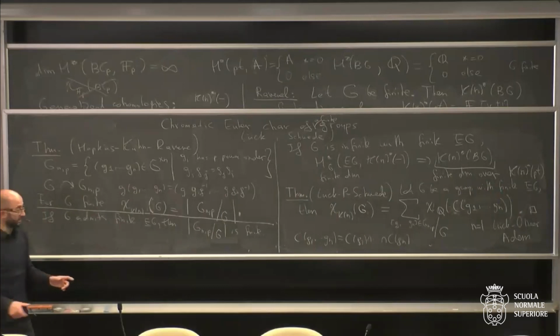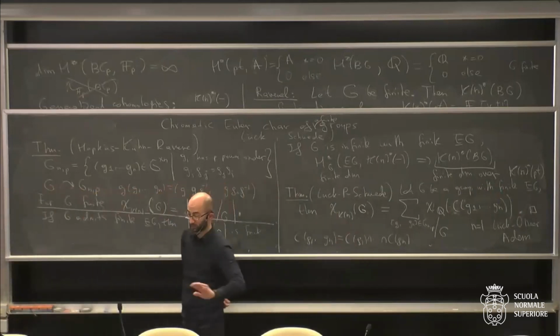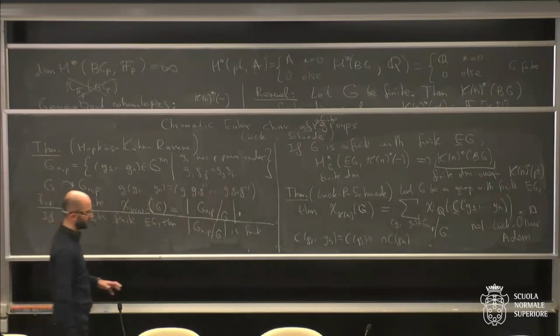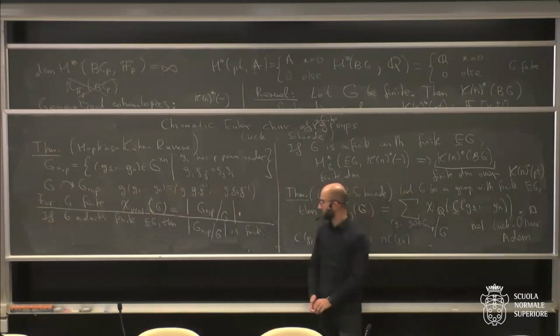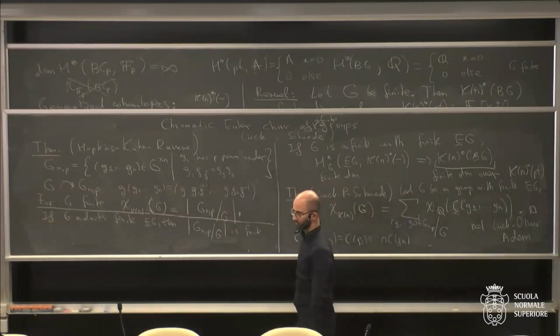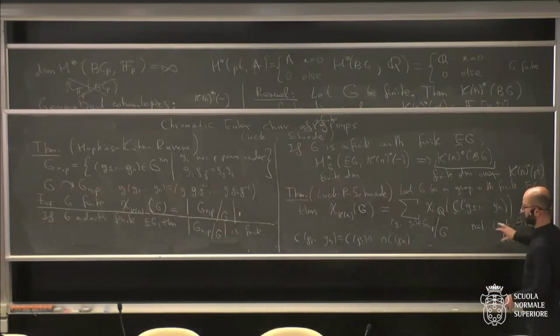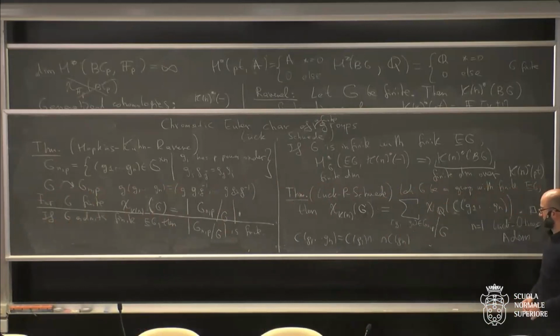But this was obtained with completely different methods when n is equal to 1, like purely K-theoretic methods, and nobody really tried to combine these two things until now. This was sort of the world of geometric group theorists when n is equal to 1, and they were doing some stuff with it, whereas here, this was like chromatic homotopy theory. And now somehow this result combines the old results by these people and those people and obtains this new result for higher n. Now, what are the applications of this kind of formula?